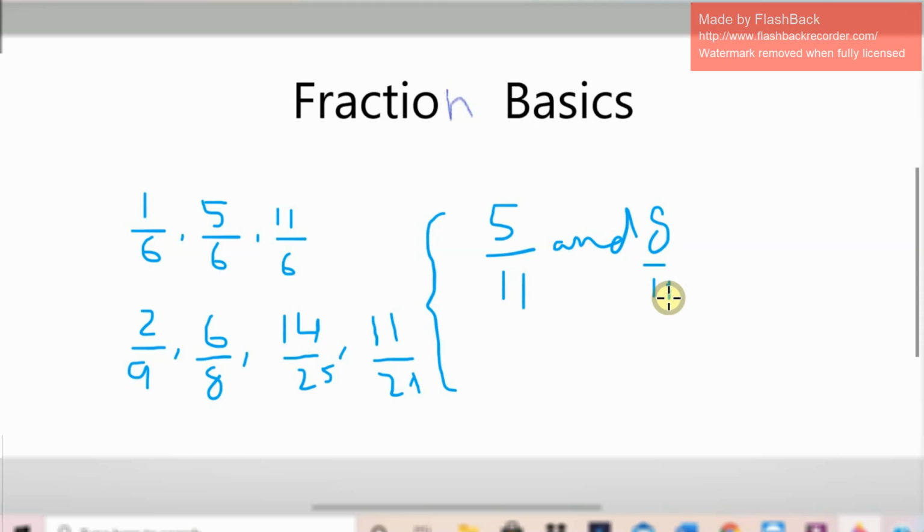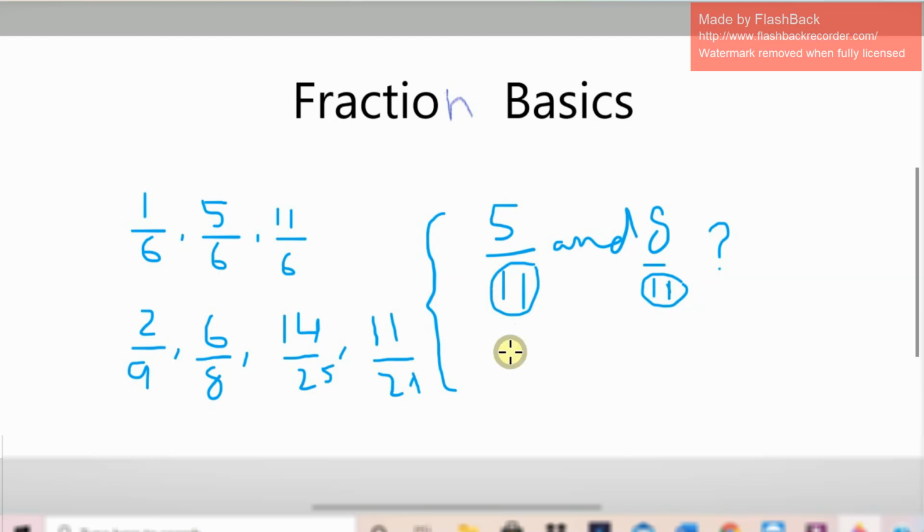Are they similar fractions? So we have to think about it. Since 5/11 and 8/11 have the same denominator, they both have similar denominators. Therefore they are similar fractions. We can call them similar fractions.